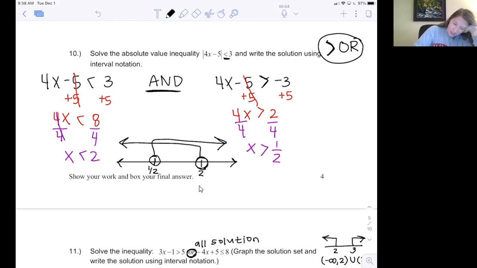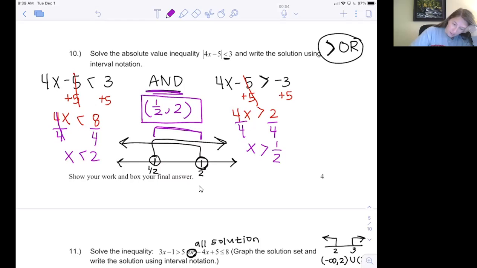Because this is "and", we want them where they overlap, which is right here. So our interval notation is going to be parentheses, 1/2, comma, 2, parentheses. Just like that.